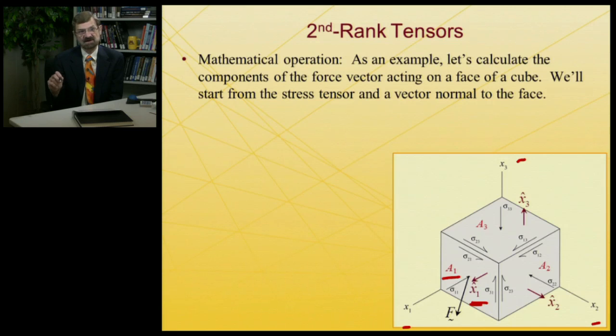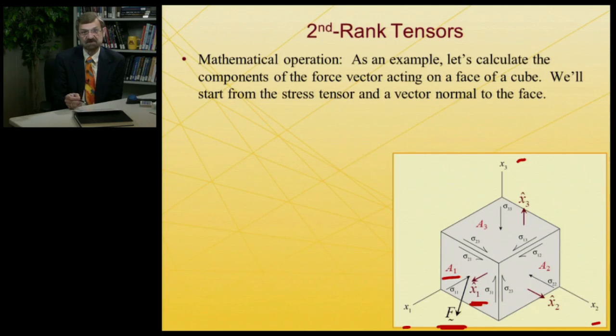What I want to do in this case is couple two concepts that we've talked about. We're going to look at this force vector, and we're going to try to calculate the components of the force vector in terms of the area vector for this face, and in terms of the stresses, sigma 1, 1, sigma 3, 1, and sigma 2, 1 operating on that face.